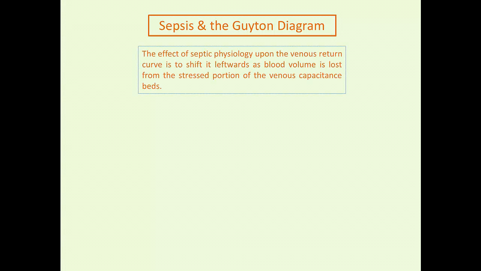The effect of septic physiology upon the venous return curve is to shift it leftwards as blood volume is lost from the stressed portion of the venous capacitance beds. As I use this waterbed analogy, Sheldon Magner uses the bathtub analogy. If you make that waterbed more compliant and boggy, then the pressure generated within your venous vessels is diminished.